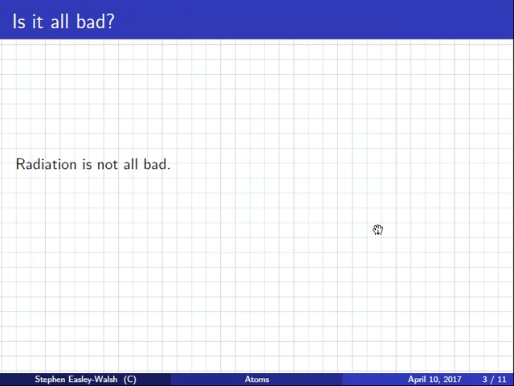Radiation is not all bad. So far, all I've said about radiation is that it's very bad for your health. Alpha is very bad if you get it inside you. Beta is very bad if you get lots of it on you for a long time.